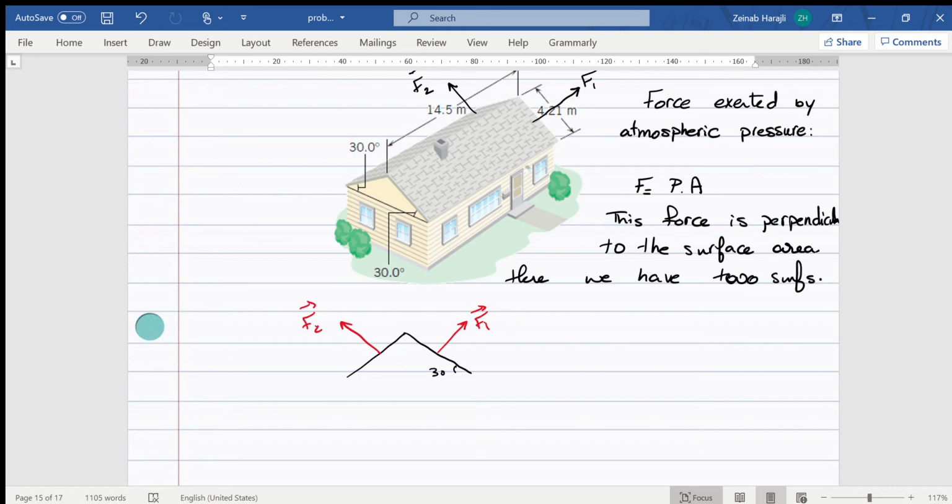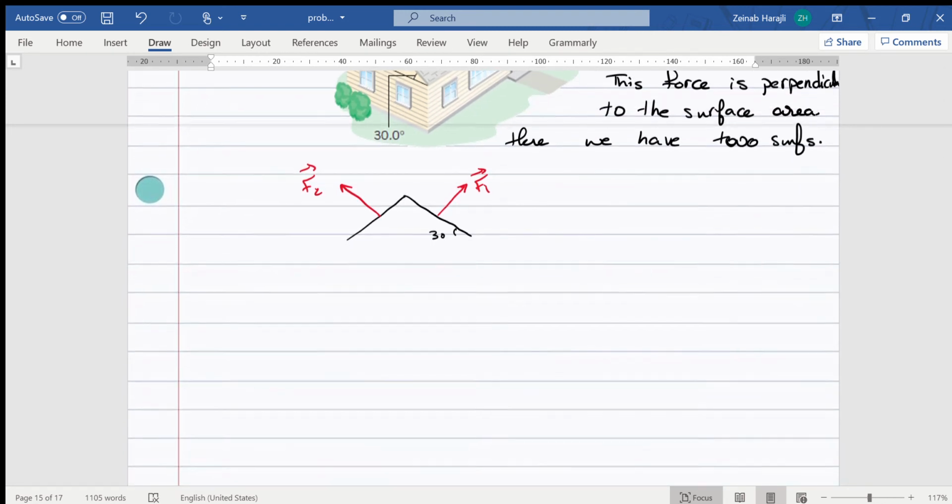Now, let's draw these two forces from the same point because this is very helpful in finding the net force. So again, this is F1, this is F2. And to find the net force, I think you can remember from your high school study that we can find this by the parallelogram method or by the calculation method.